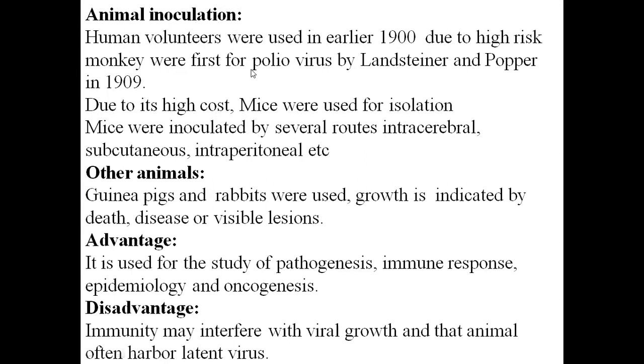Human volunteers were used in the early 1900s. At the beginning of the century, to cultivate the viruses, human volunteers were used. But there was high risk. You know that the first vaccine, the cowpox vaccine, was discovered by Edward Jenner, and he tested the vaccine on his 14-year-old son's body.